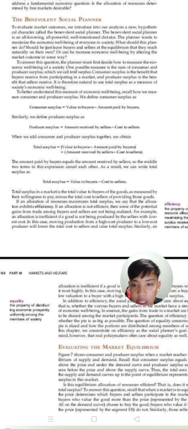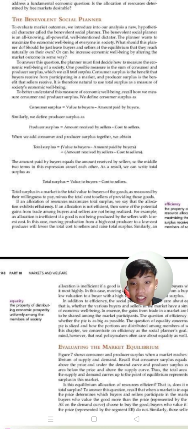For example, an allocation is inefficient if a good is not being produced by the sellers with the lowest cost.